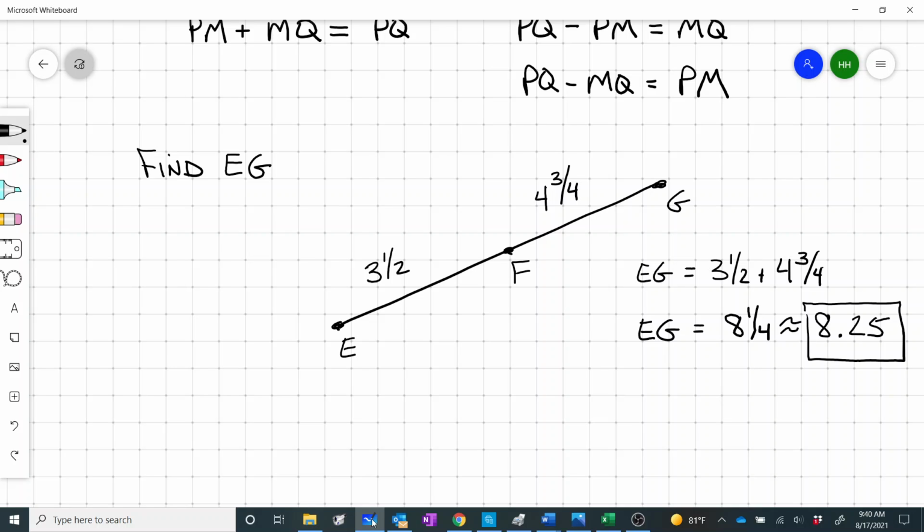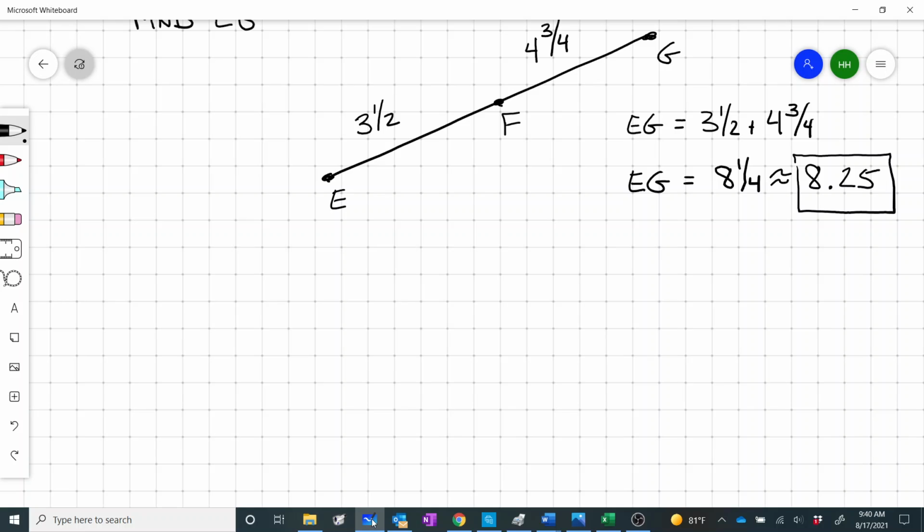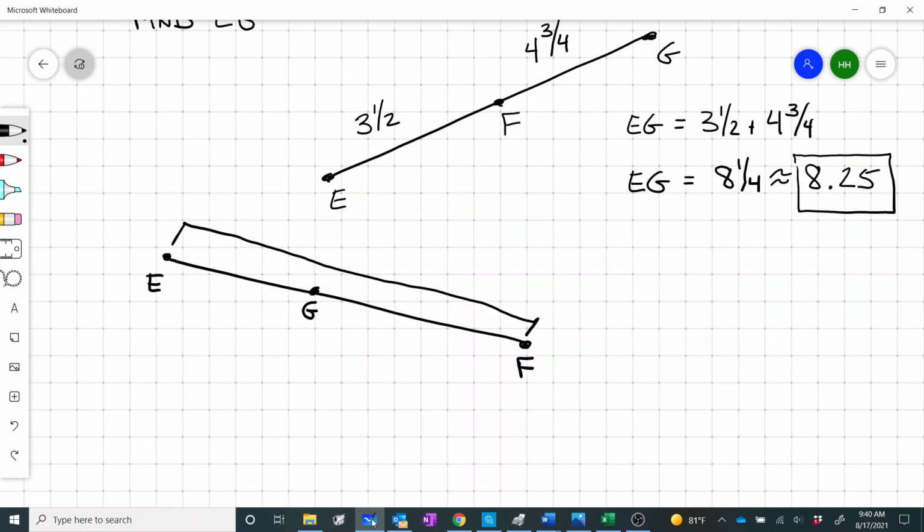Alright, same deal. What if we got to find EG again, but we got a different drawing? Let's say now our drawing looks like this. We go E here, and G here, and now I'm moving F down to there. And you're told this. We're looking for EG.